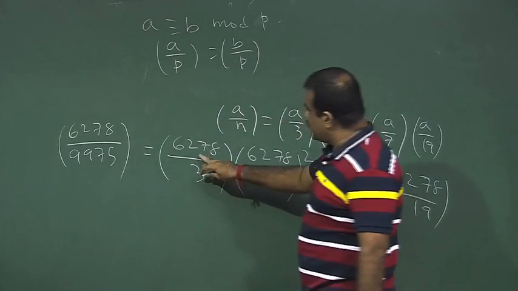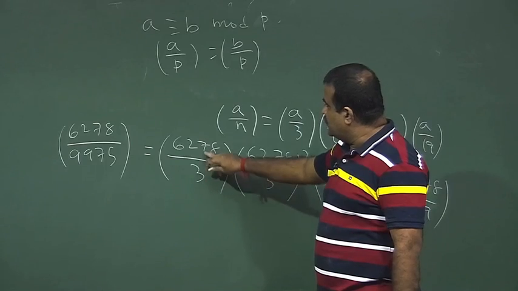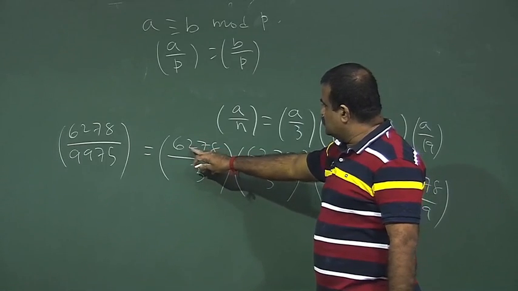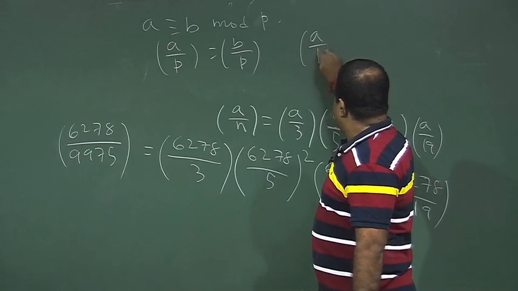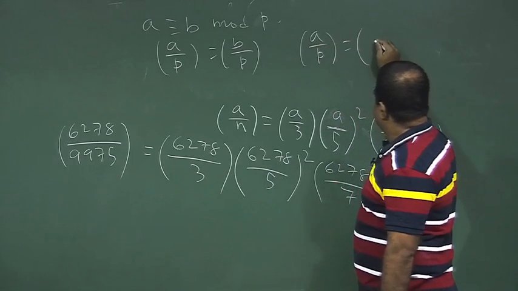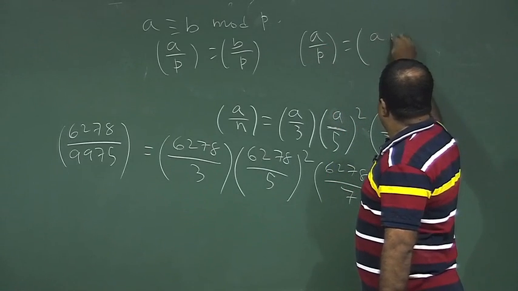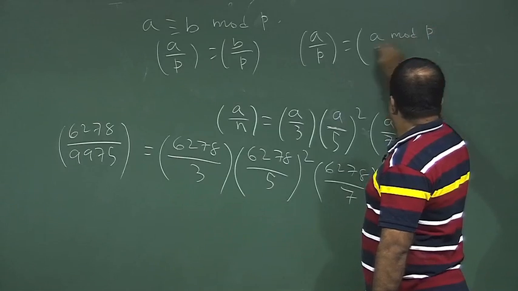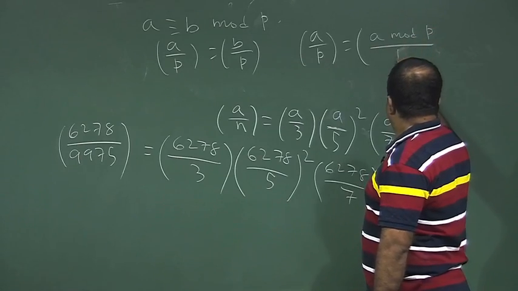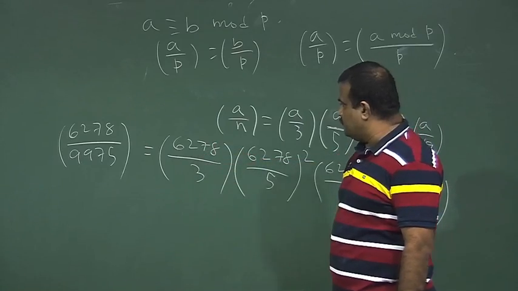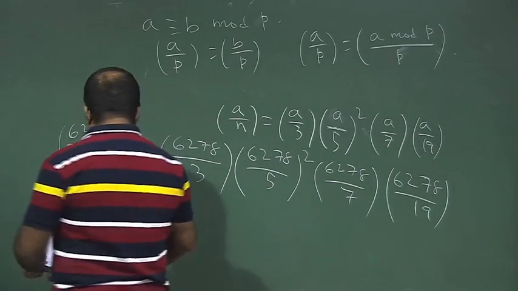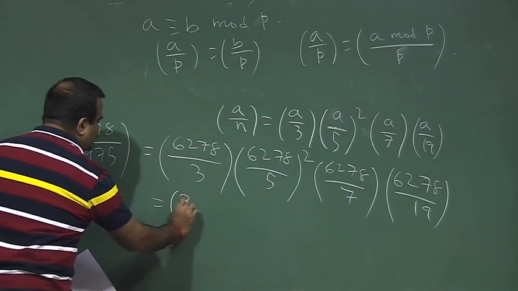So a by p is equal to a mod p by p. We divide 6278 by 3 and the remainder is 2, so this is 2 by 3.